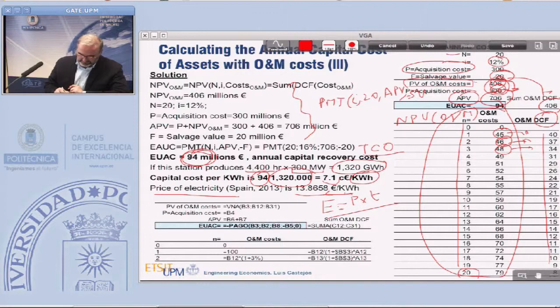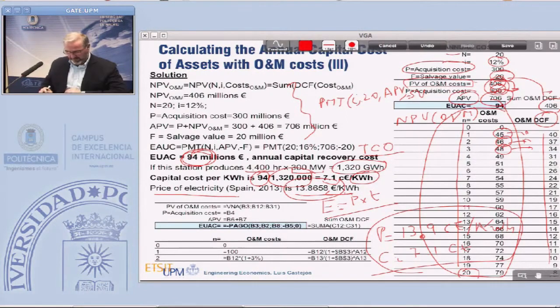Using the centi-euros unit, the price of energy in Spain is 13.9 centi-euros per kilowatt hour, and the cost of generating energy using those numbers is 7.1 centi-euros. So that gives us an idea of the usefulness of using those methodologies.